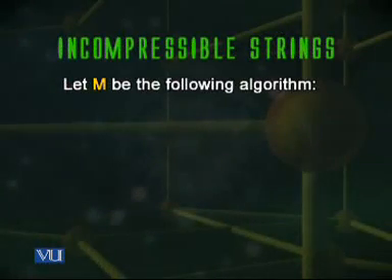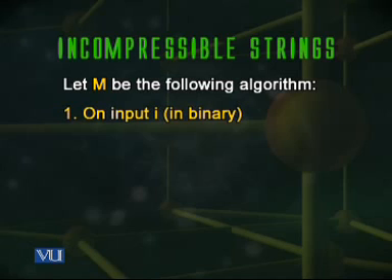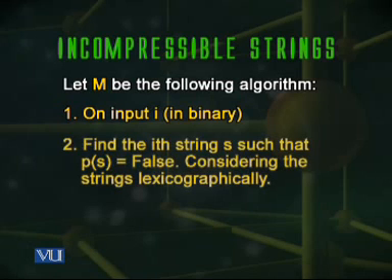We start by looking at the following algorithm that is given to you on your screen. This algorithm takes as input an integer which is given in binary. Now what it does is it goes lexicographically through all strings and finds out if f of s is true or false, or if the string has the property or not. Every time this string does not have the property, it increments a counter. And when the counter reaches I, it just outputs that string s.